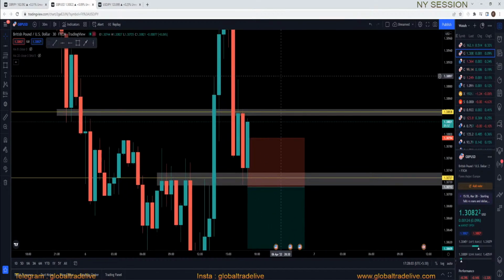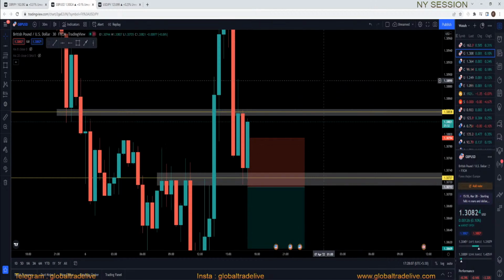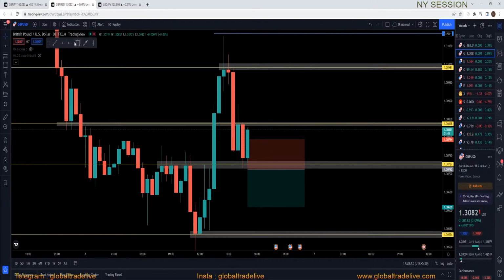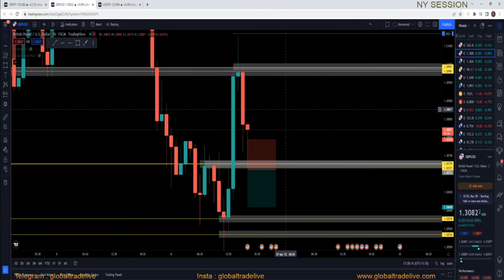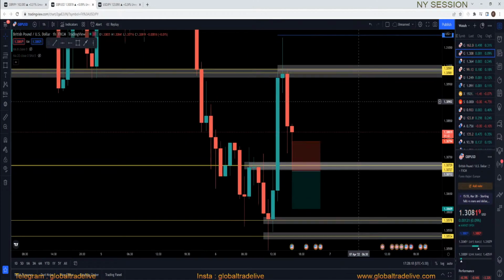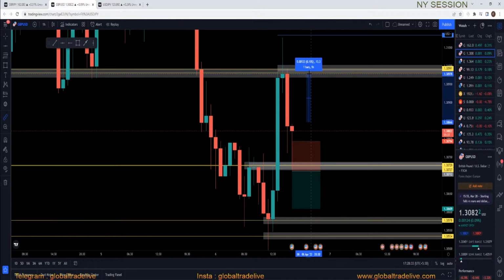If it closes under this range, then that means the market is just consolidating, and in 2 minutes there will be NY open, so there will be NY volume coming in. Before the NY volume comes in, I think if I can see the next candle wick down first and break the high of the previous candle, then it will go all the way up to fill this clean range, and this range is about 13 pips.